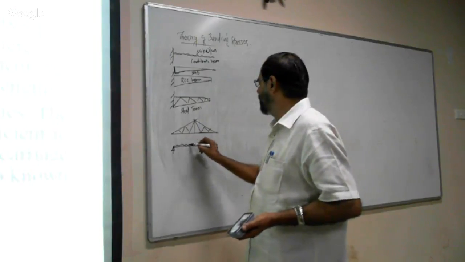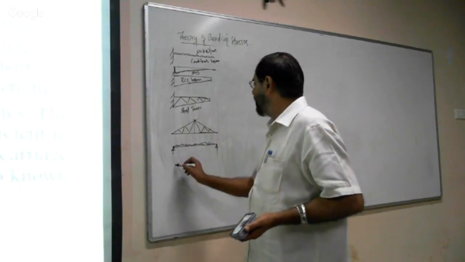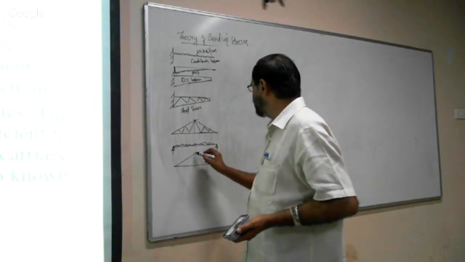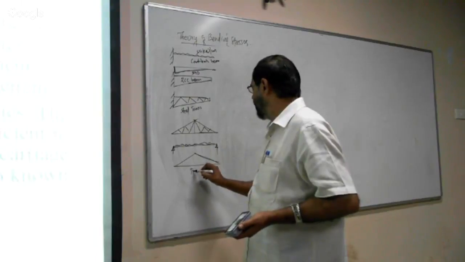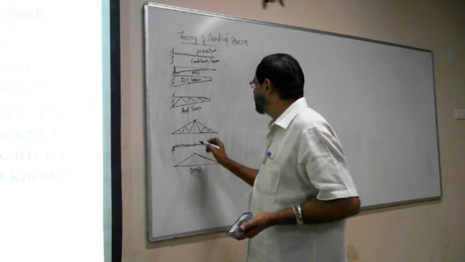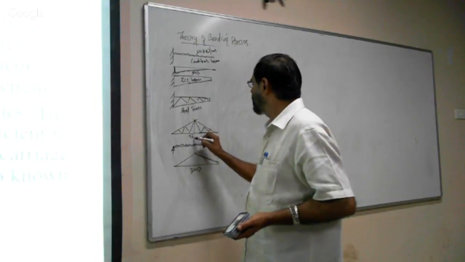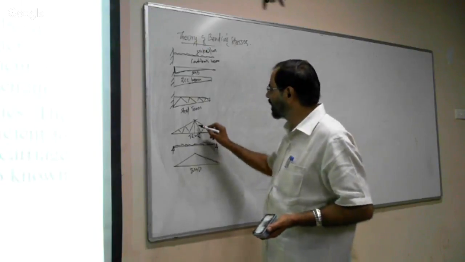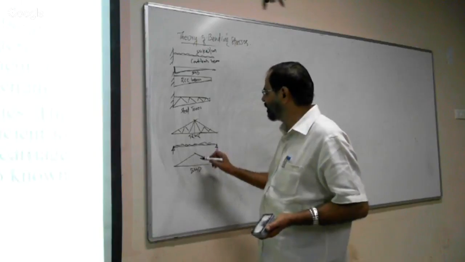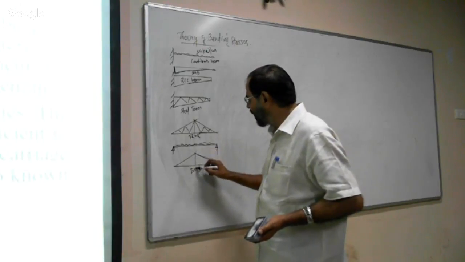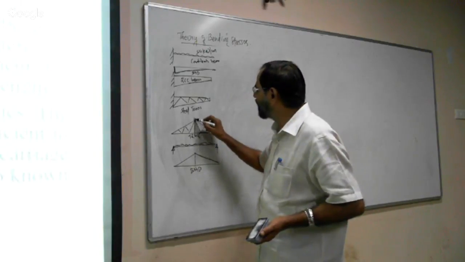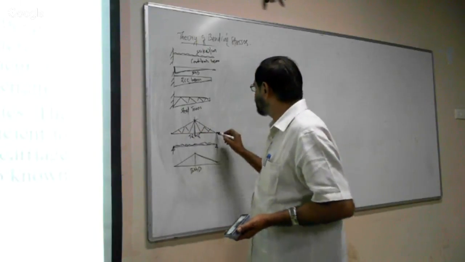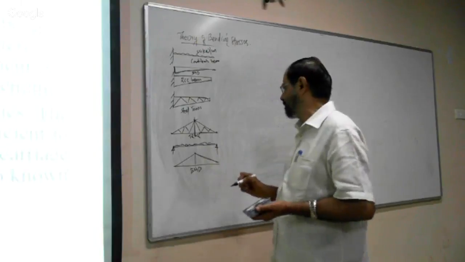The bending moment diagram will be like this, and this is the truss. The truss will be designed according to the bending moment. Here we have the maximum bending moment, therefore the maximum section. Here zero bending moment, minimum section.